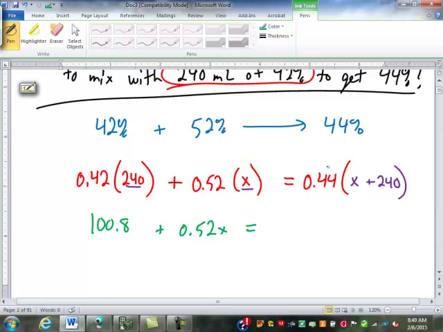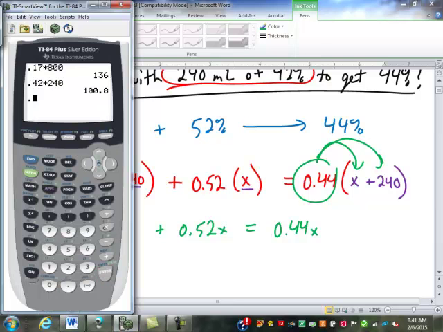Over here, we're going to have to distribute. 0.44 times x is 0.44x. 0.44 times 240 will give us 105.6.